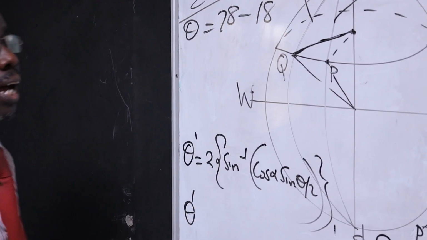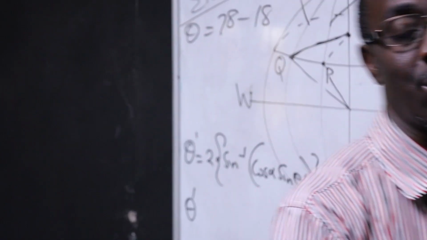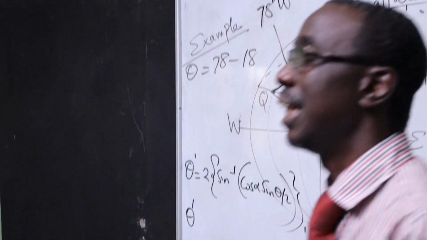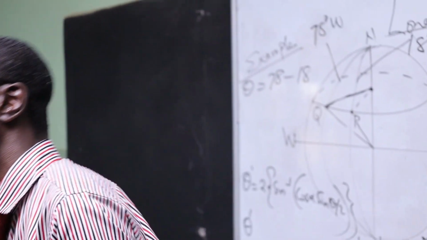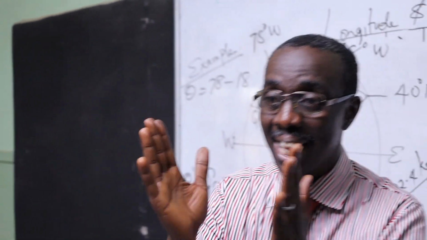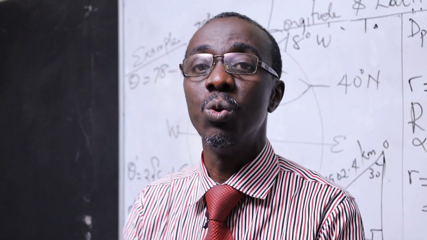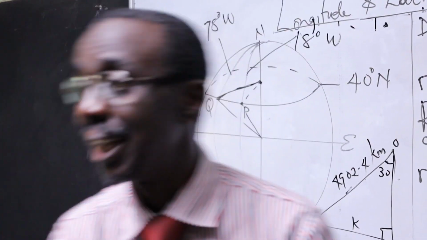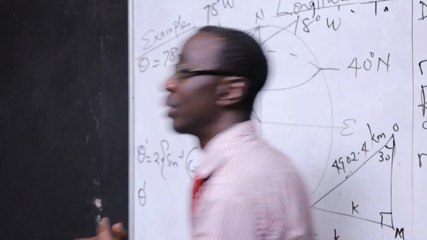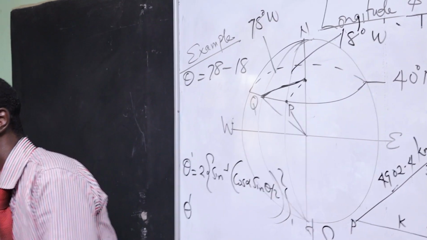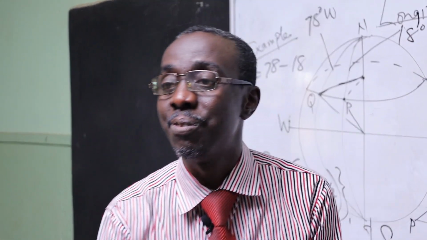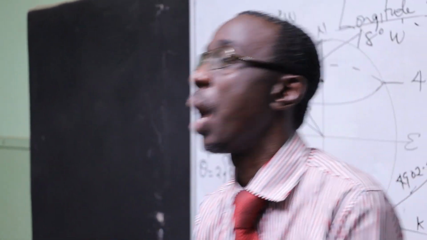Another way to interpret it is that you are given a small circle and they are asking you to find its great circle distance apart. Some time ago we established that it is possible to have a small circle. And the question is saying find the great circle distance apart.